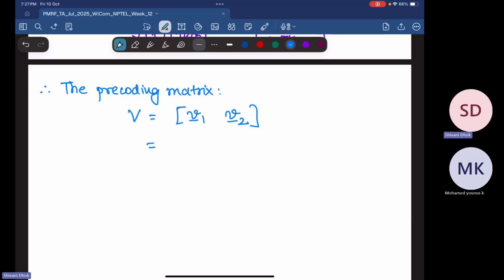This comes out to be equal to: your V1 was 0.7142, 0.6999, and your V2 comes out to be equal to 0.6999 and minus 0.7142. So this is your pre-coding matrix. Is it clear? Any questions?